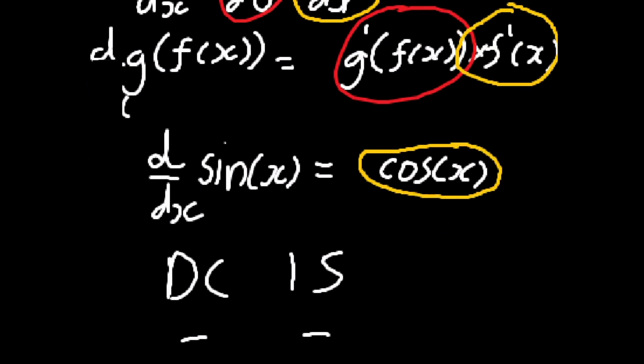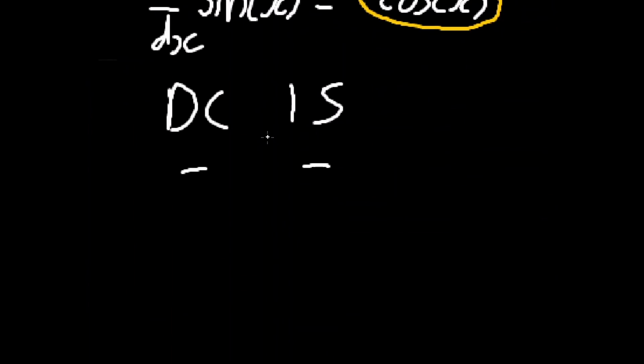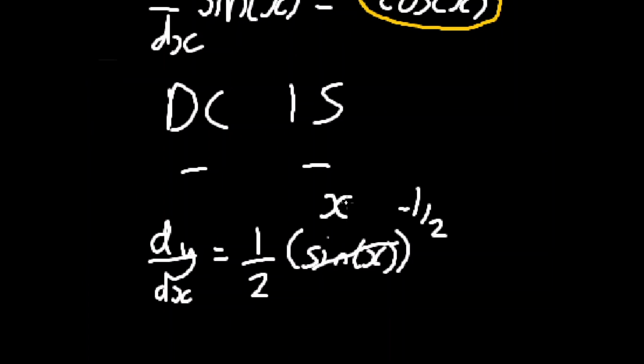So our final answer with all of that is going to be that dy dx is equal to 1/2, and then this sine of x to the power of negative 1/2. Okay, so I only showed you it with this guy here being an x, but we want to keep that the same.